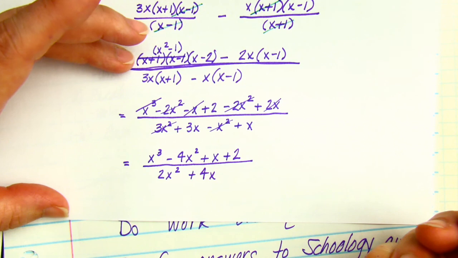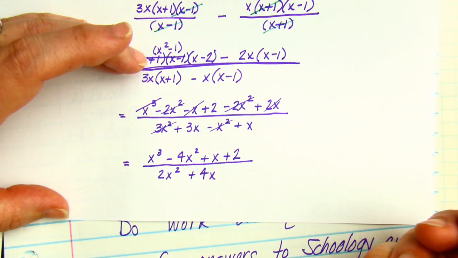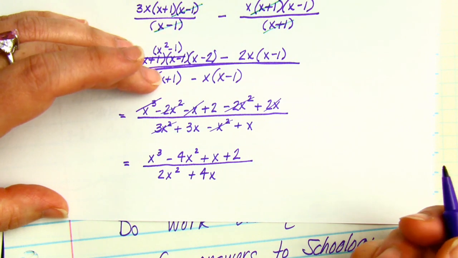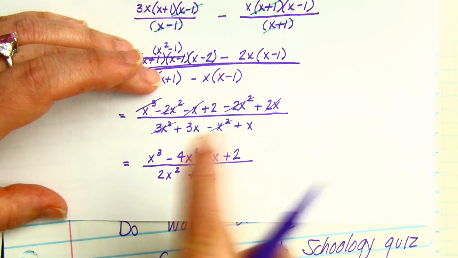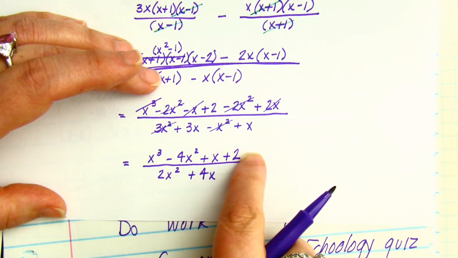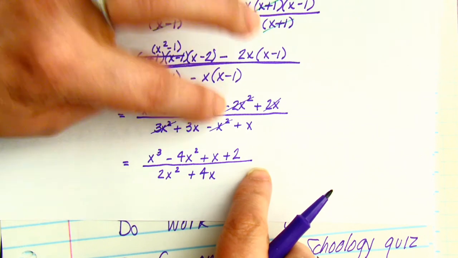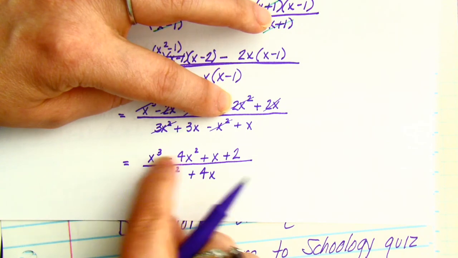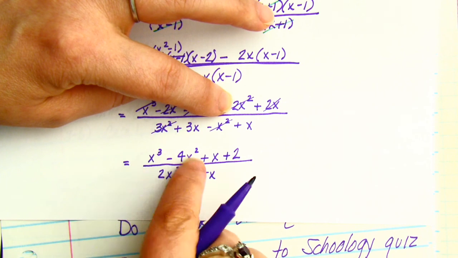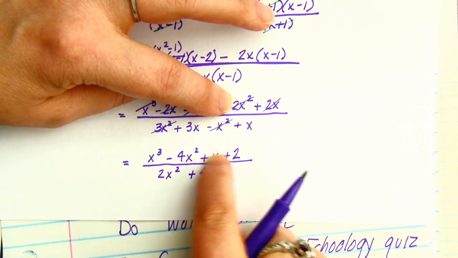Now, we really should look at this to see if we could factor and divide out any common factors. The top, the only thing we could do there is factor by grouping. I don't think we're going to be able to factor anything by grouping there. If I put these two together and take out an x squared, I'm left with an x minus 4, and that's not x minus 4.